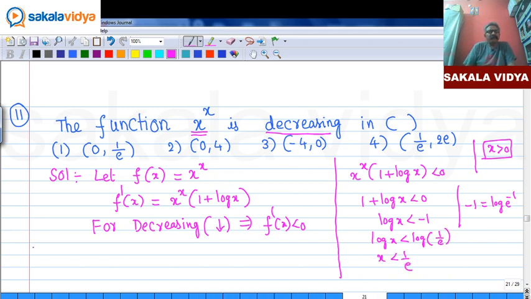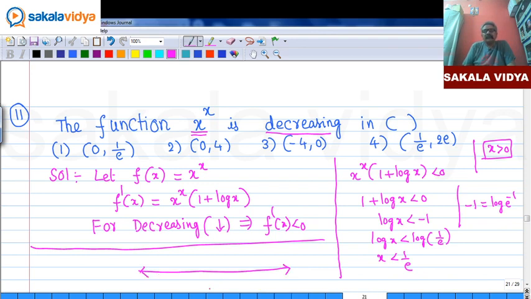Take a number line now. See, x must be greater than 0, so 0 to infinity, and 1 by e means in between somewhere. It's positive only, 1 by e here you take it. So, now x greater than 0 shade like this up to infinity.